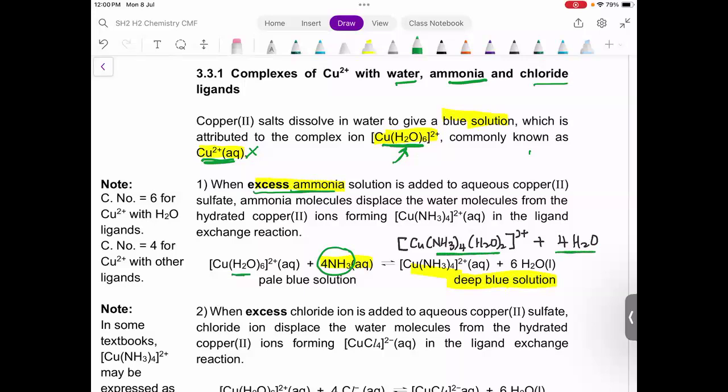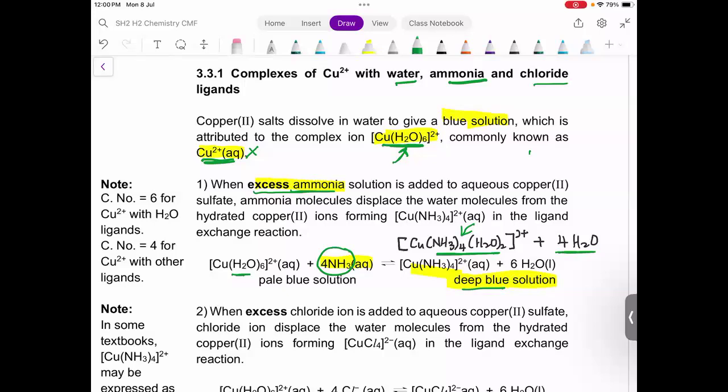So just make sure that the water on both sides is balanced. This will give you a deep blue coloration, the tetraamine complex. If you are using this as a formula, then there will be 4 water molecules released. Which formula you should use can be suggested by the question, so you have to read the question very carefully.